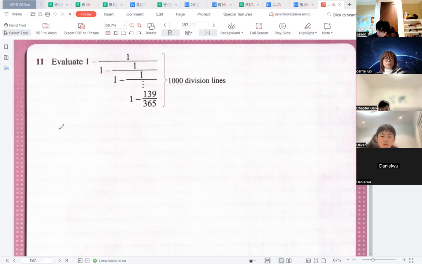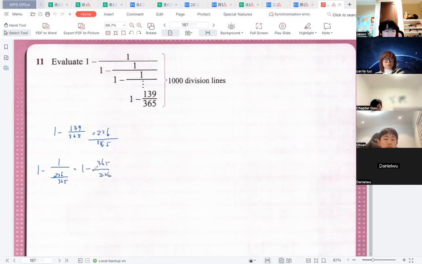Okay, so 1 minus 139 over 365 equals what? Equals 226 over 365, right? So 1 minus 1 over 226 over 365 equals 1 minus 365 over 226 equals negative 139 over 226, right?